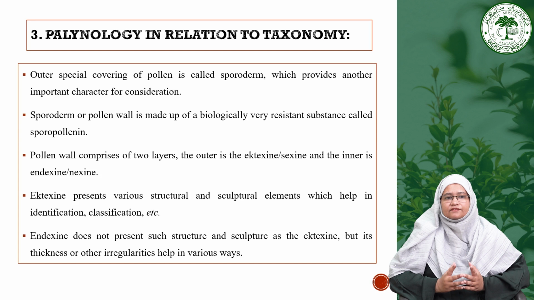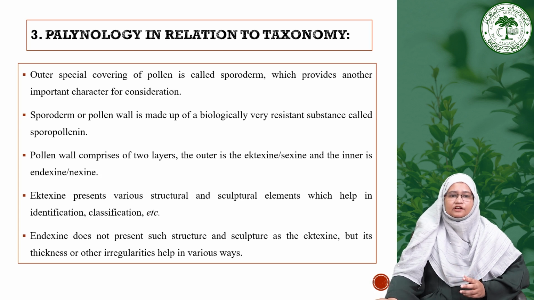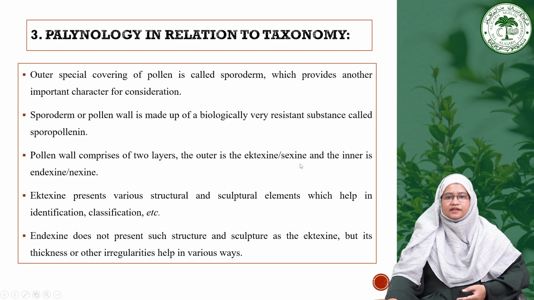The outer special covering of pollen is called the sporoderm, which provides another important character for consideration. The sporoderm or pollen wall is made up of a biologically very resistant substance called sporopollenin, and the pollen wall comprises two layers. The outer is termed the ectexine or sexine, and the inner is the endexine or nexine.